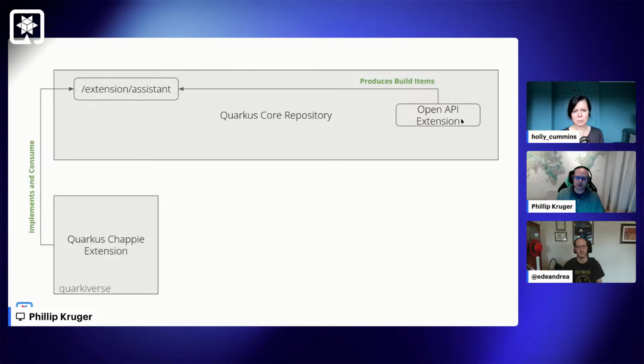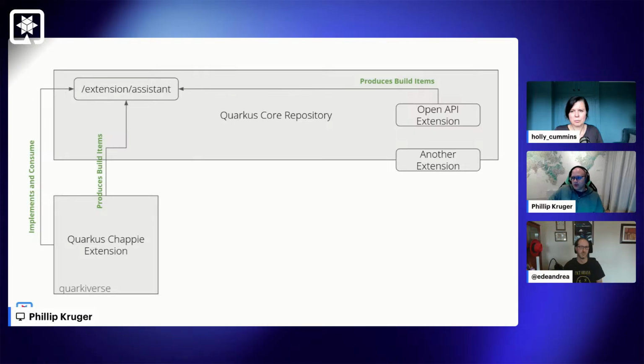But we can't let OpenAPI be dependent on something in Quarkus. So we need something in the core repository, which is not in core, but is this interface between the actual concrete implementation and the interface. And then any other extension, whether it's inside or outside of the core repository, can also use this Assistant extension because it's available.